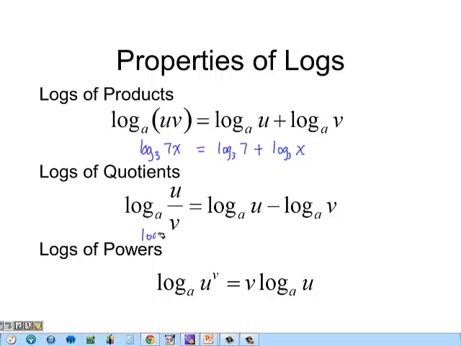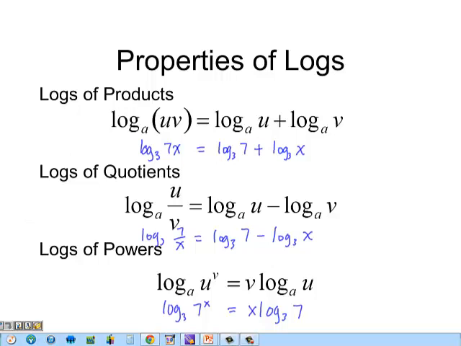And if this is log base 3 of 7 over x, then that would be log base 3 of 7 minus the log base 3 of x. This is log base 3 of 7 to the x. That would be x times the log base 3 of 7. Okay.